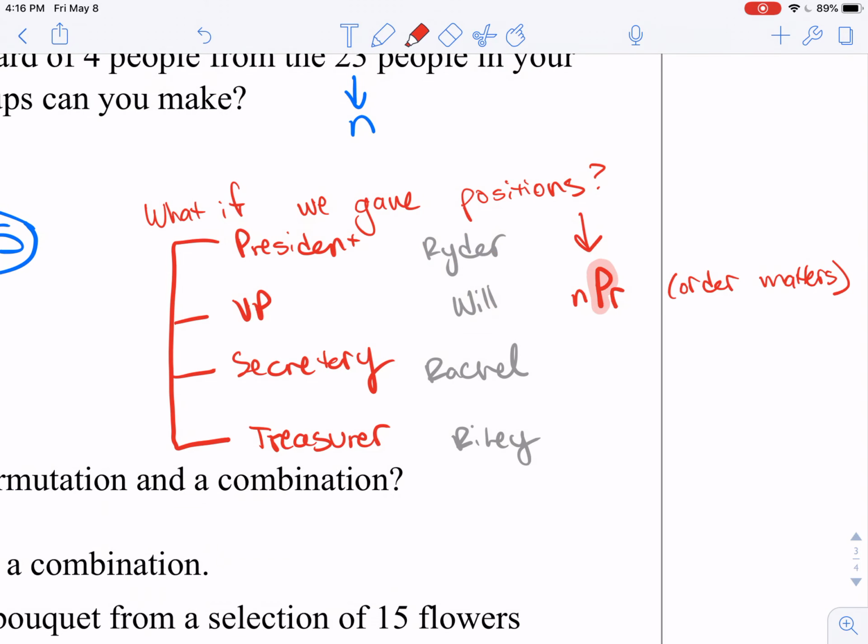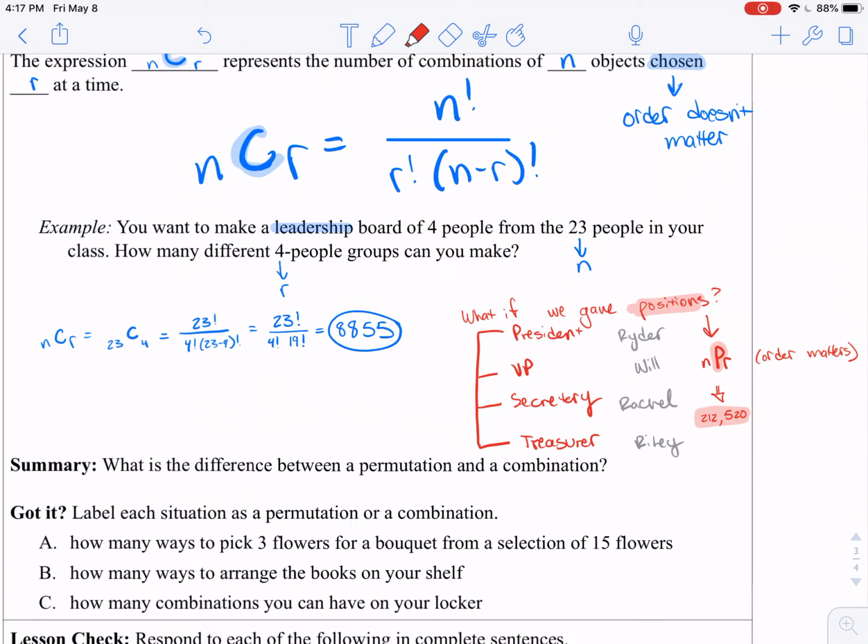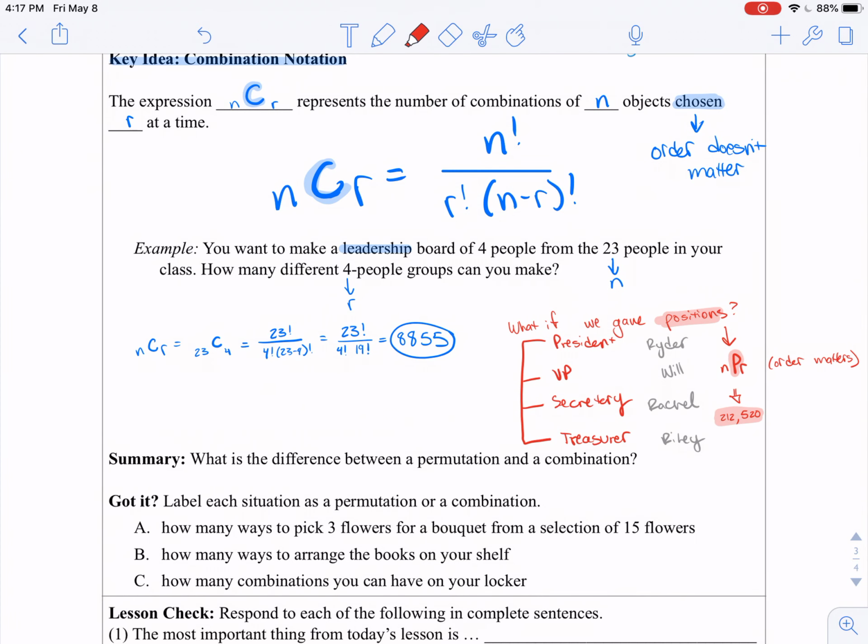You can remember P for position even. And that comes out to 212,520 different options. So there's a lot more, right? That's like 2.5 times as many options if we gave them positions.